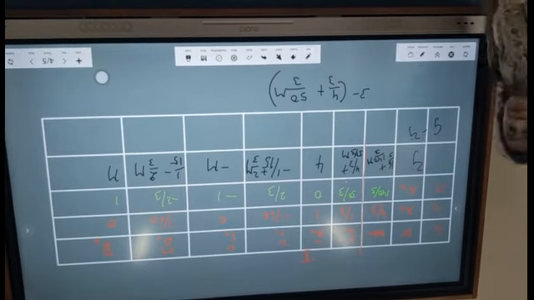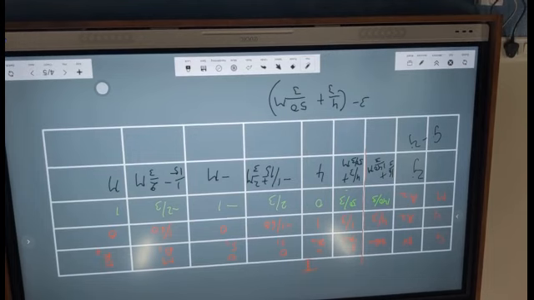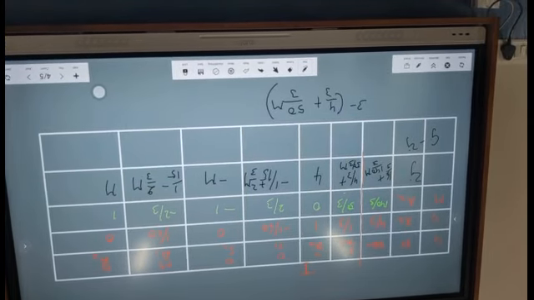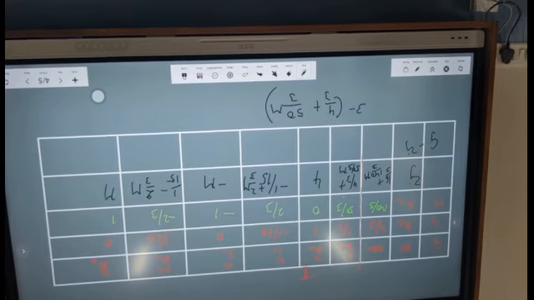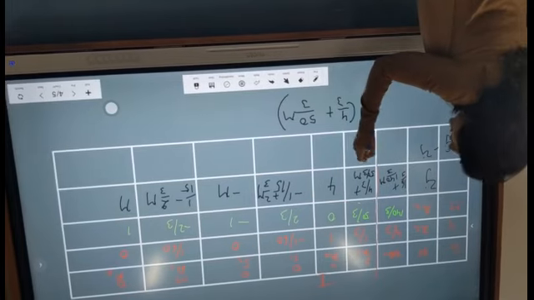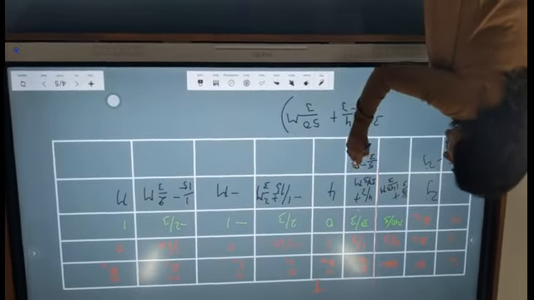This is what it is basically. So 9 minus 4, 5 by 3. 5 by 3 minus 50 by 3 m. So I will write here 5 by 3 minus 50 by 3 m.